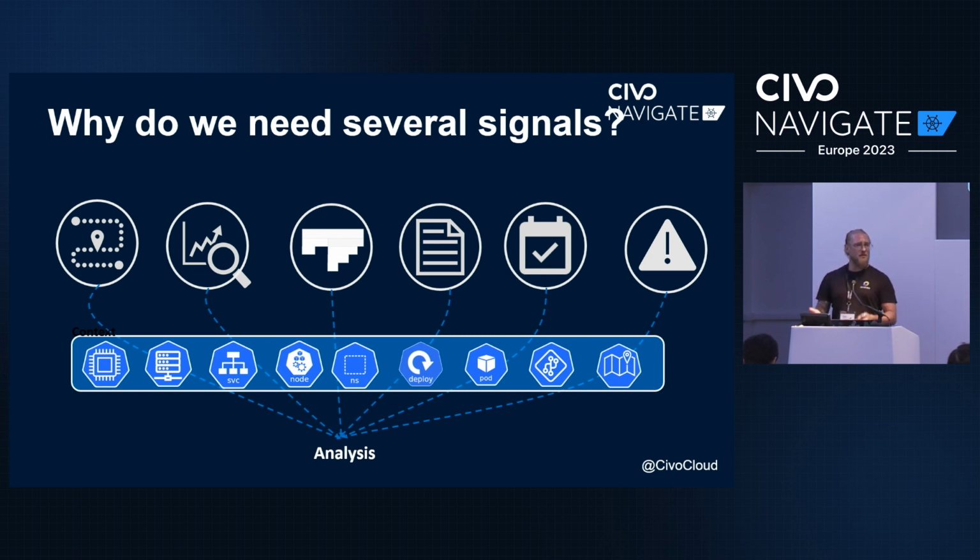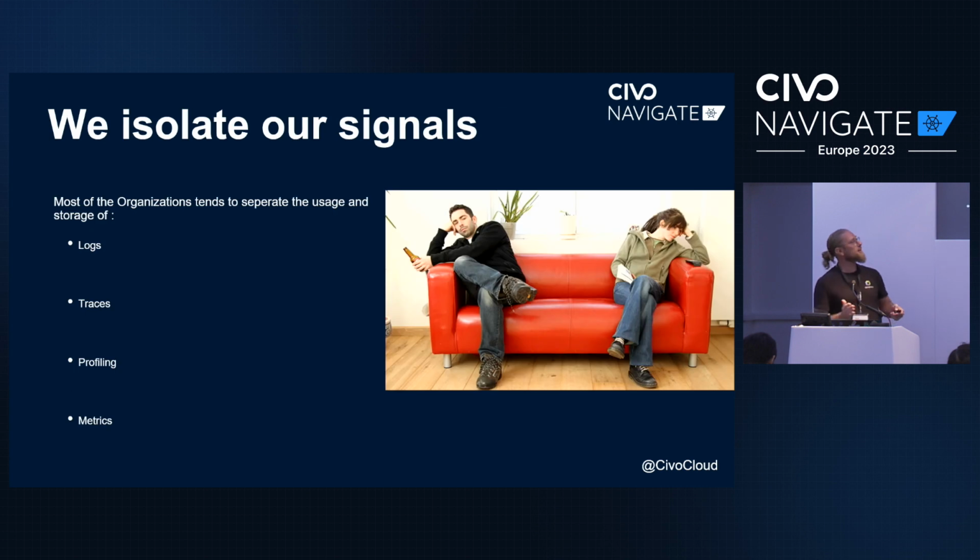But there is a situation that happened a few years ago: in the observability world, there are specialized solutions. We have a specialized solution for metrics, a specialized solution for logs, a specialized solution for traces. And as a reaction, the market has started to isolate the signals. So I'm going to store the metrics in Prometheus. I'm going to store my logs in Elasticsearch.